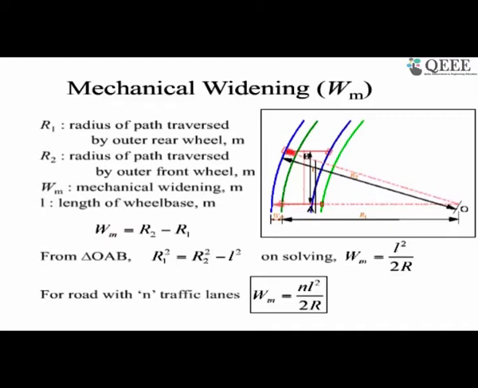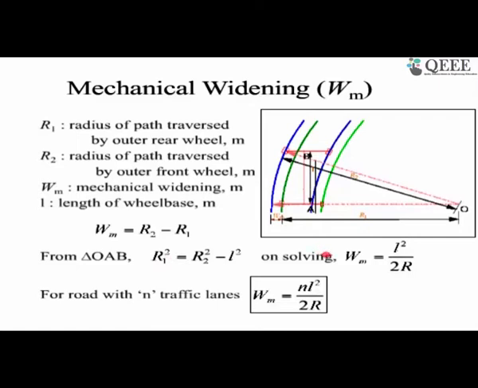Now if we consider this as a triangle which is 90 degrees like this, this is the OAB triangle. This will give you R2 square is equal to R1 square plus L square, where L is the wheelbase. So from this you know R1.